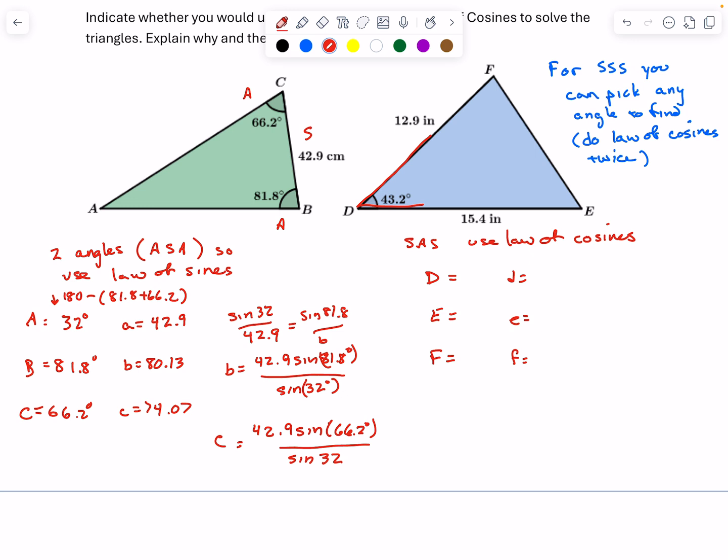So, okay, let's stuff in the things we know. The 15.4 and the 12.9 are interchangeable.